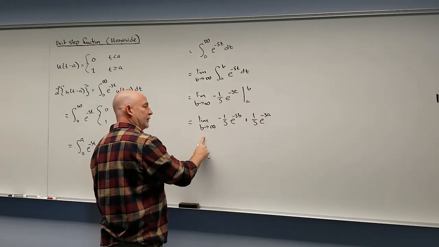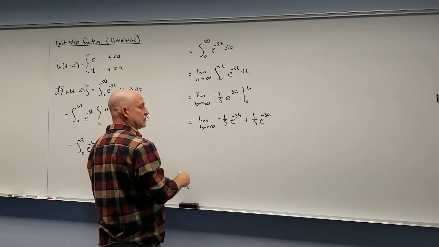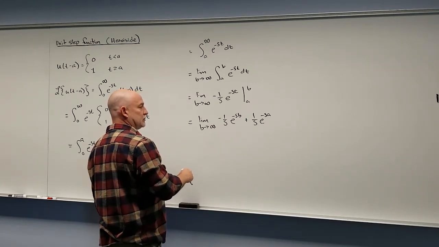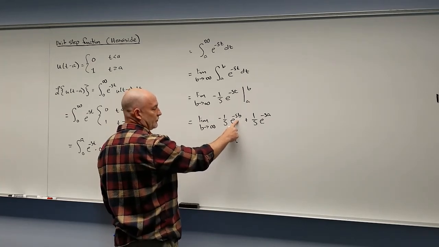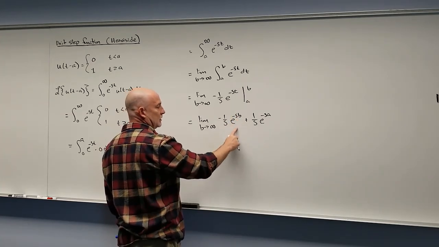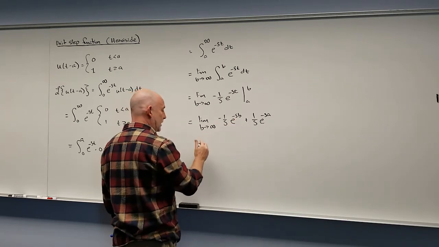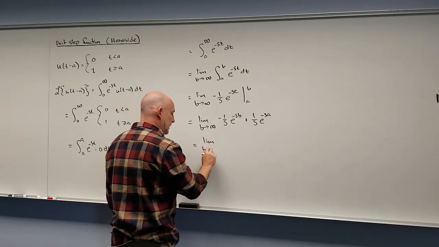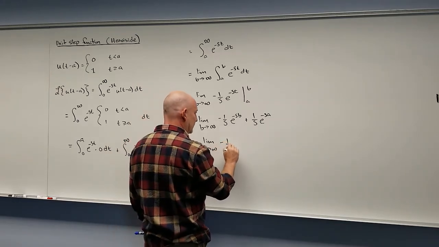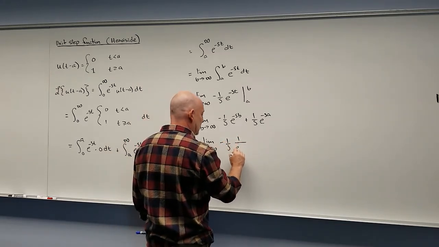Now as b goes to infinity, remember we want these things to be finite. We don't want them to go to infinity. So as b goes to infinity, the only way that this goes to 0 is if this thing ends up in the denominator. So we need it to go to the denominator, so this would be 1 over e to the sb.